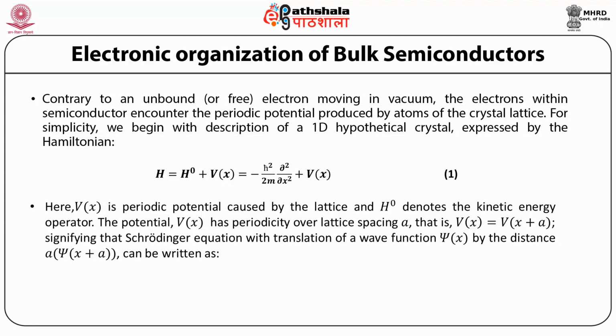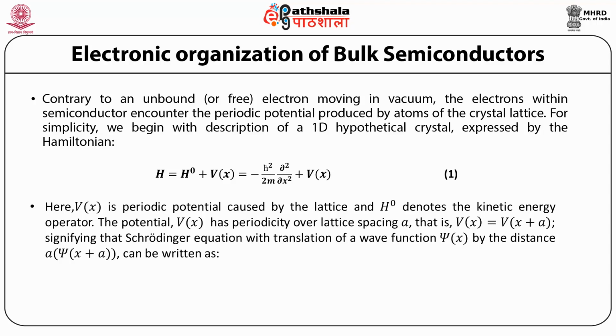The potential V has periodicity over lattice spacing A, that is V(x) equal to V(x plus A), signifying that the Schrödinger equation with translation of a wave function psi(x) by the distance A gives psi(x plus A).